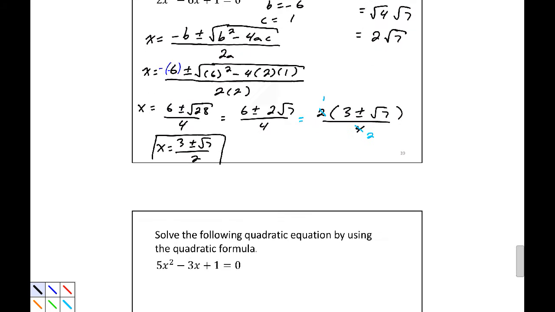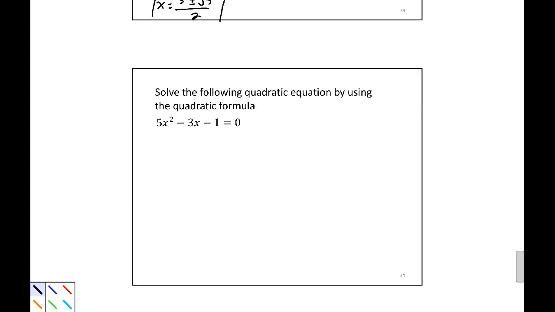All right, for our next example, 5x squared minus 3x plus 1. It's already equals 0, so we can go ahead and identify a, b, and c. A is 5, b is negative 3, and c is 1. Now, for our equation, negative b plus or minus the square root of b squared minus 4ac, all divided by 2a.